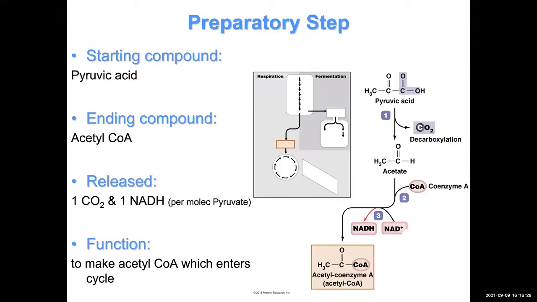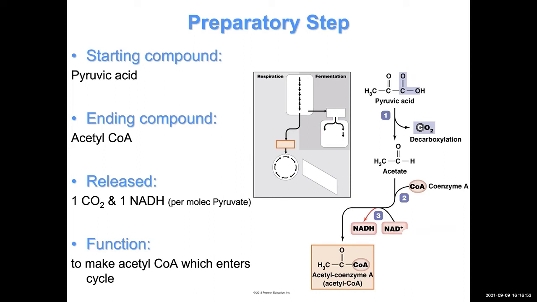So the next pathway that we have, which for some reason when I was in school, they always seemed to skip this little preparatory step and make students kind of guess, well, how do we get from glycolysis to the Krebs cycle? There is an important preparatory step, and it's important for prokaryotes too. But in eukaryotes, it's perhaps a little bit more complex.